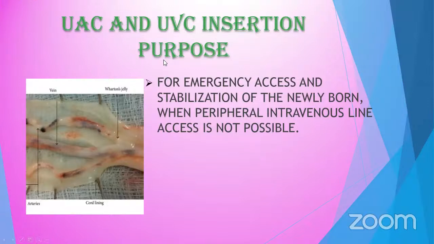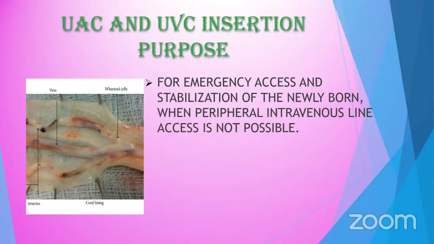The initial purpose of a UVC and UAC insertion is for emergency access and stabilization of the newly born when peripheral intravenous line access is not possible. As we all know, as we are catching babies in LDU and in OT, we first try to insert a peripheral line.